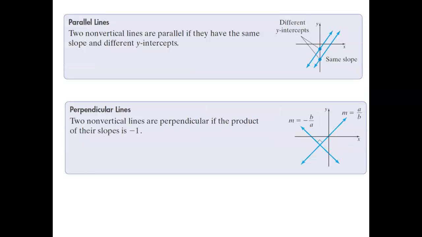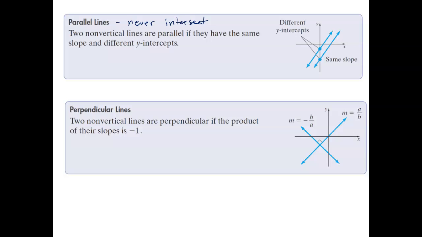Now, last thing I want to talk about is our parallel and perpendicular lines. Special types of lines. Parallel lines, what do parallel lines never do? They never touch. They never intersect. How we know two lines are parallel, other than looking at them, is when we have an equation.